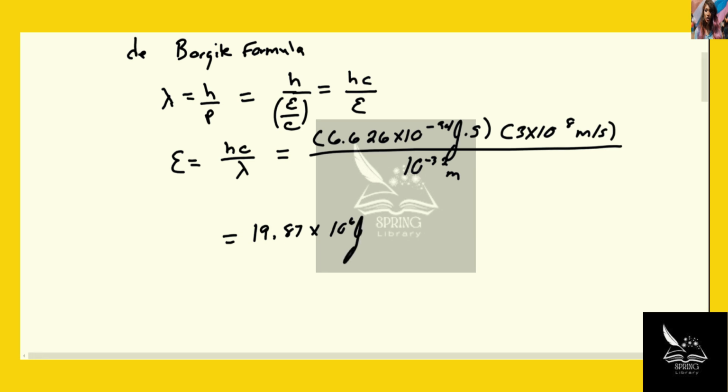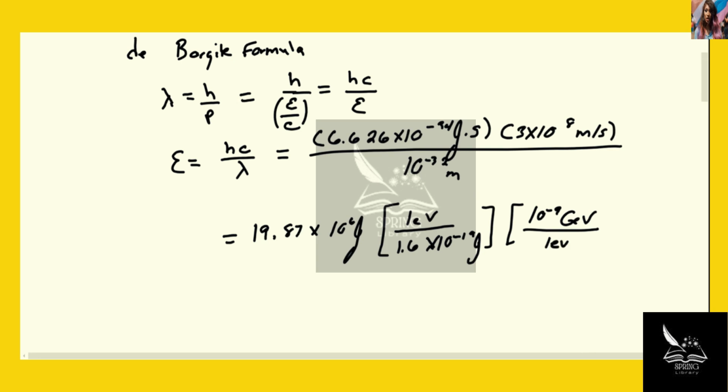And like above, we're going to have to multiply this by 1 eV over 1.6 times 10 to the negative 19 joules. Okay. And 10 to the negative 9 GeV over 1 eV. Okay. And then your GeV is going to be 12.41 times 10 to the 16 GeV.